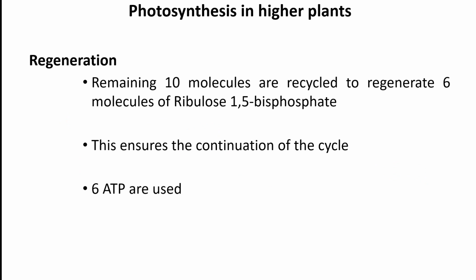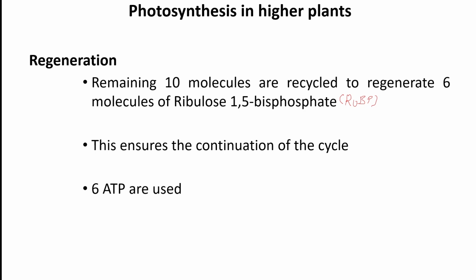In the regeneration phase, what happens? The remaining 10 molecules of 3-phosphoglyceraldehyde are recycled back to regenerate 6 molecules of RuBP, ribulose 1,5-bisphosphate. This stage is also very important because it ensures the continuation of the cycle.